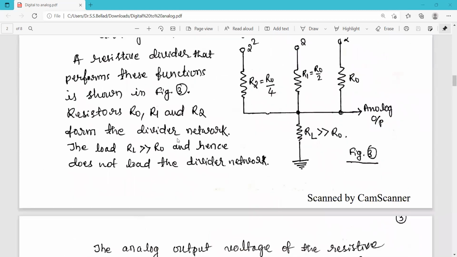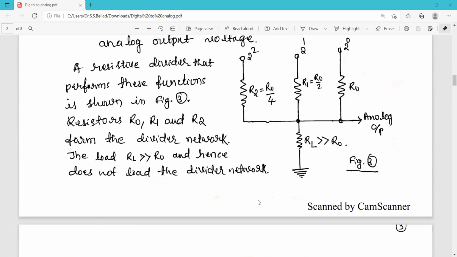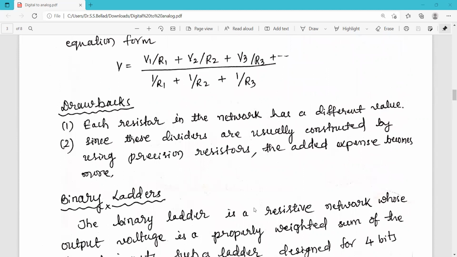We have seen here R0, R1 is R0 by 2, R2 is R0 by 4, and for another bit, 2 raised to 3 bit, R3 will be R0 by 8. In this way, the resistors of this network all have different values. That is one headache.